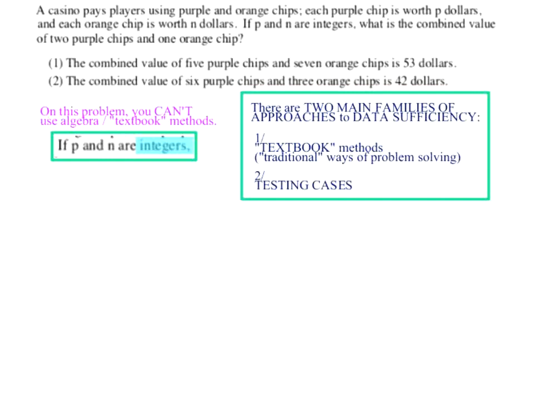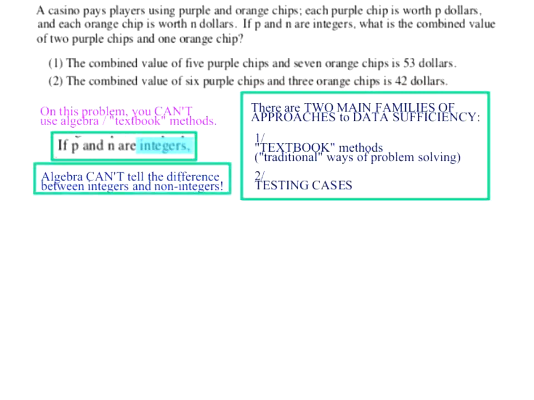Algebra cannot tell the difference between integers and things that are not integers. It's actually impossible. There's no algebraic tool that distinguishes between whole numbers and not whole numbers. So what this means is that you cannot solve this problem with algebra. It means you're going to have to test cases.